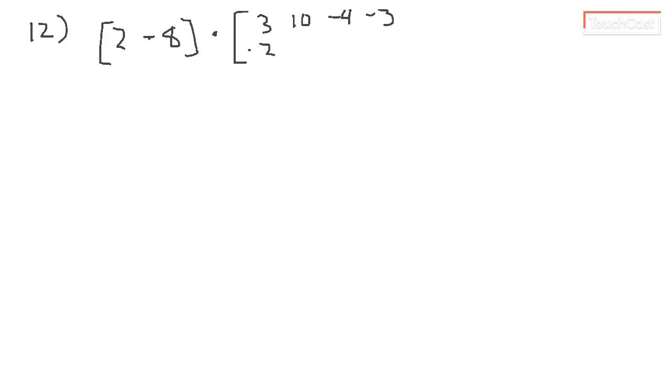Alright, so continuing from our last video on matrix multiplication, we ended on example 11. We're going to move straight into example 12, where we have a row matrix 2, -8, and we're multiplying it by the matrix 3, 10, -4, -3, -2, -7, 5, -6.